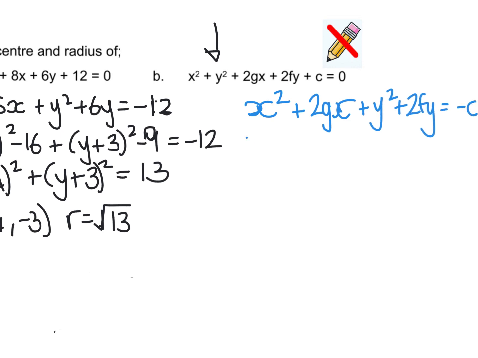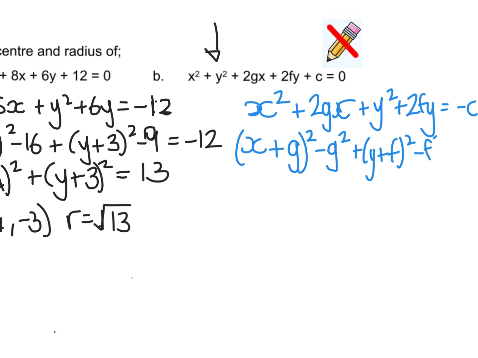I'm going to complete the square. So I'm going to have x plus, well, half of 2 is just 1, so that leaves me with g, all squared. And then I would take away whatever g squared is. Then I'll do the same with the y's. So I'll have y plus half of 2 is 1, so I'm left with an f, all squared.